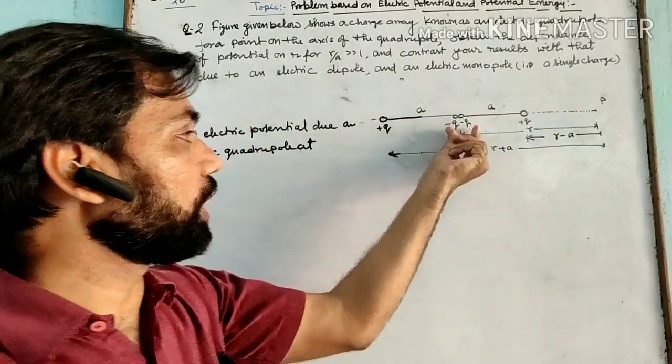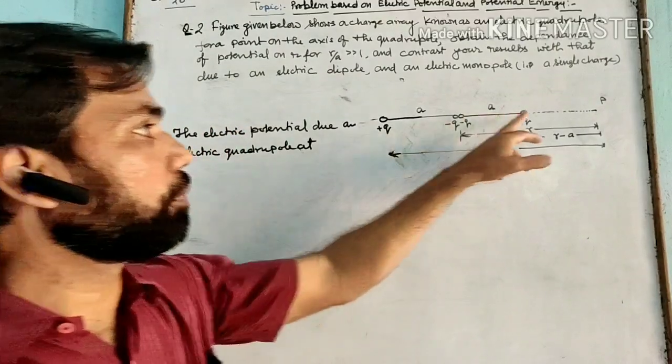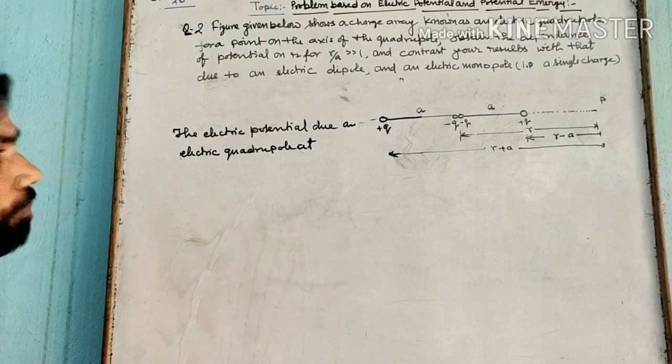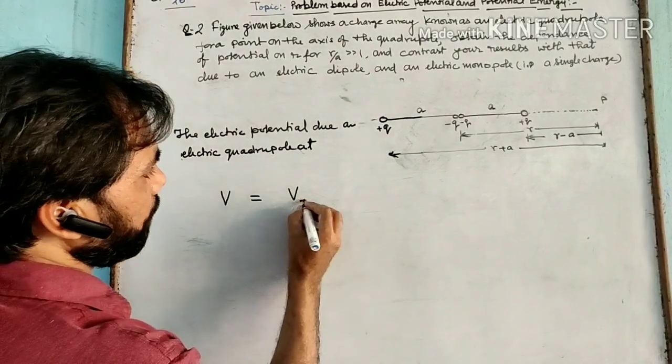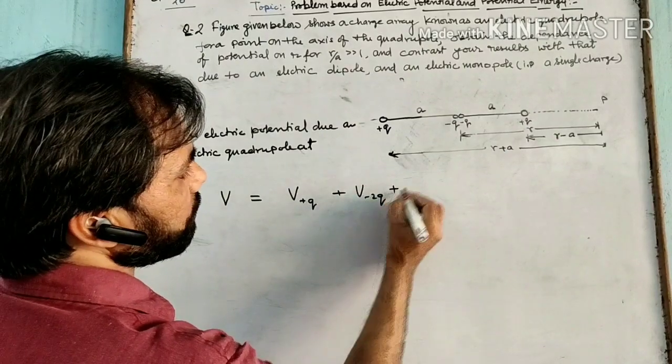Minus 2q charge are placed very close to each other, and plus q and plus q are separated just as plus 2a distance. So we can write this V net at P is equal to V plus q plus V minus 2q plus V plus q.